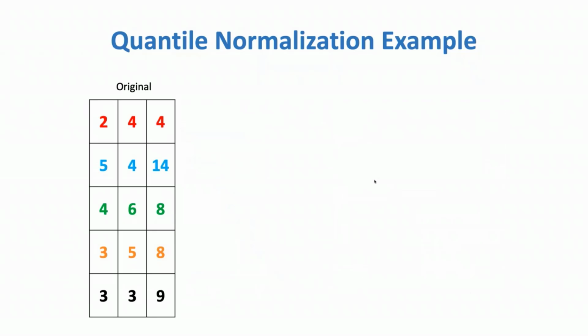Okay, this is a really simple example where the columns are our samples, right? So these are our gene expression profiles, and each row represents a gene. Here they're color coded, so it's easier to understand what's going on.